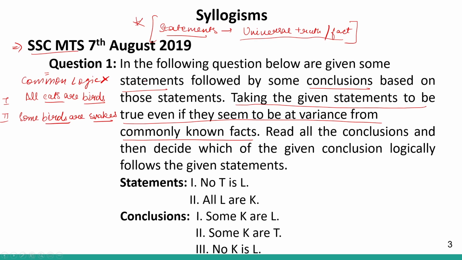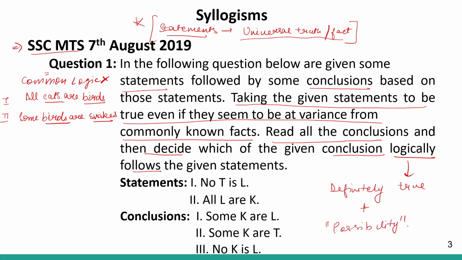Now, it is written: read all the conclusions and then decide which of the given conclusions logically follow the given statements. Logically follow means we are looking for conclusions that are either definitely true, so they should be 100% true, or conclusions that have a possibility to be true, but it should be mentioned that it is a possibility.